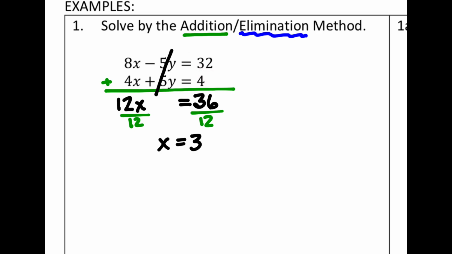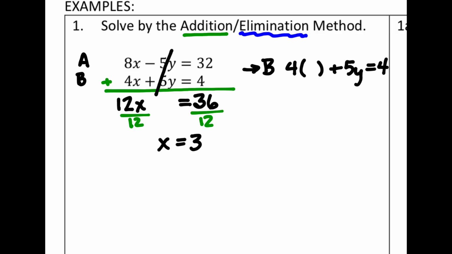Remember how in the last video I called this A and this B? So you can figure out what I'm doing. I am going to substitute that value into B, but I am going to do it up higher so I have enough space. So B is 4 times whatever x is, add 5y equals 4.